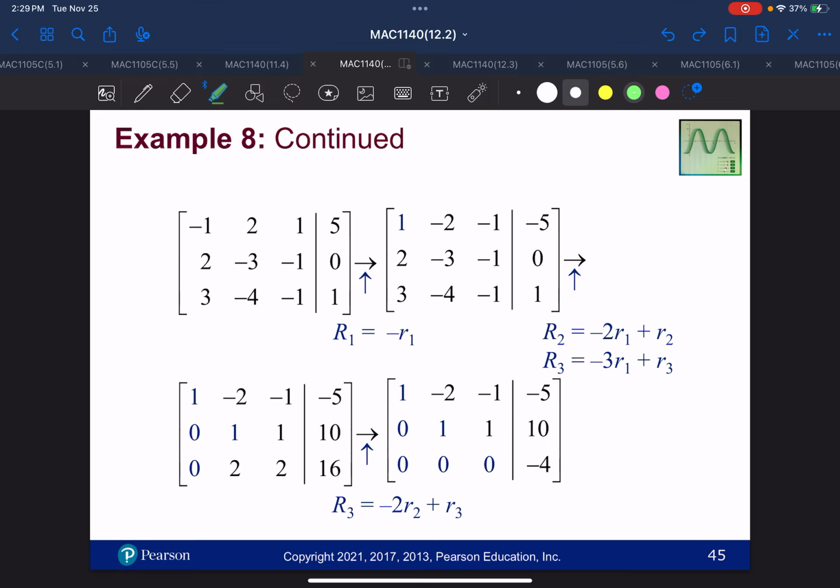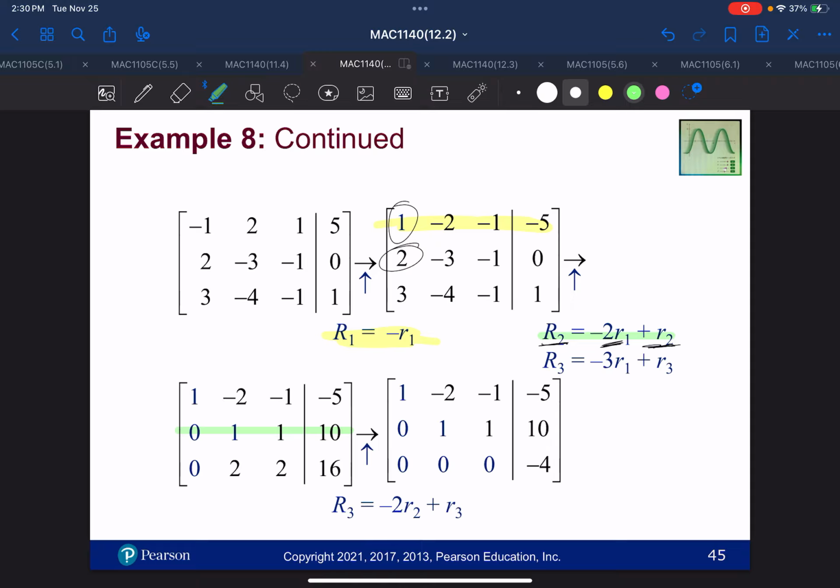They multiplied row 1 by -1 to make it positive. And now, of course, they're going to multiply row 1 by -2 and add it to row 2 to get a new row 2. And that's what we see right there.